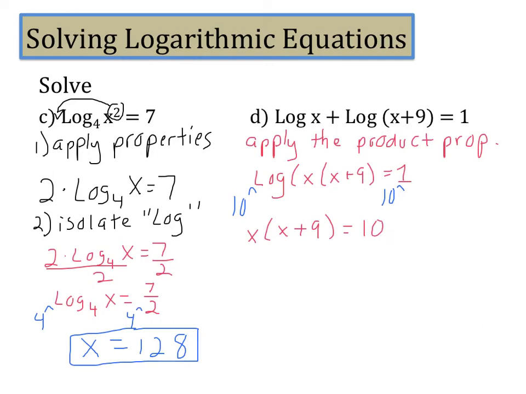Now here's an equation that I have to solve. So we have to factor out the left side and solve for x. So we're going to have x squared plus 9x, and we'll subtract 10 to put this in standard form. So now in this step, I have to factor.